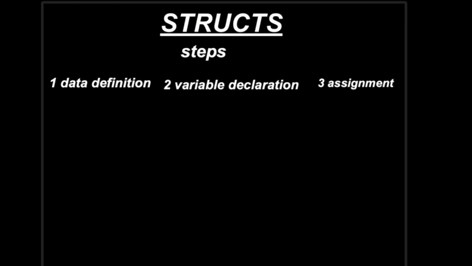First of all, we need to define the data definition. It actually means you're trying to tell the compiler how you want your struct, the things you want your struct variables to have.